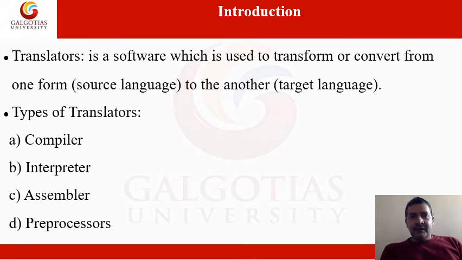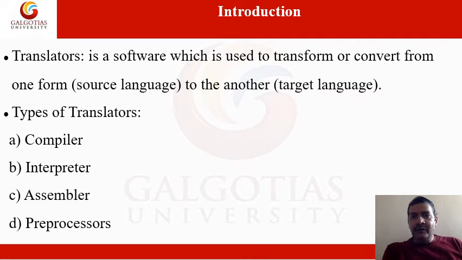Listen. First of all, we will discuss what a translator is. A translator is something that can translate from one form to another form. In terms of computers, you may call it a software which is used to transform or convert from one form to another form.